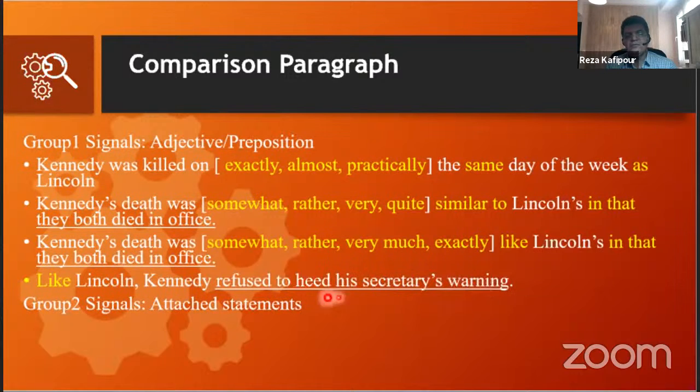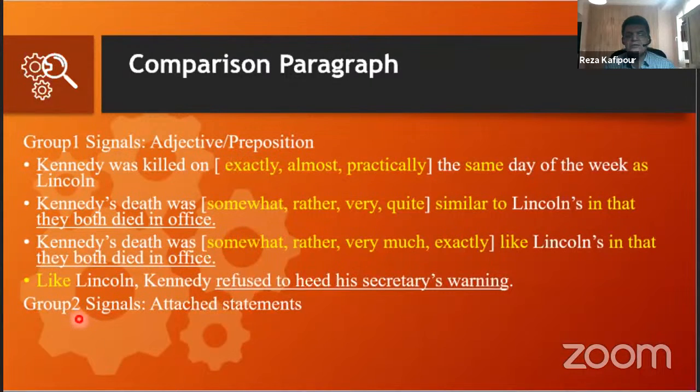So based on this structure, the basis of comparison is refused to heed his secretary's warning, referring to both persons, Lincoln and Kennedy. So we have 1, 2, 3, and 4 different structures that use adjective and preposition to show comparison of two things or persons.